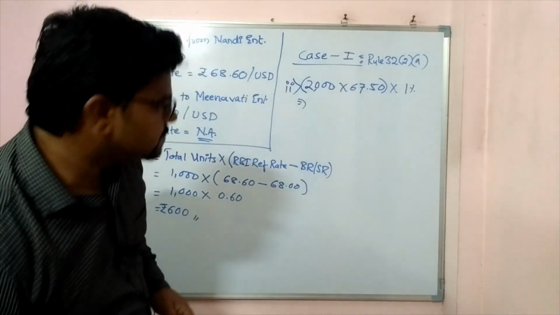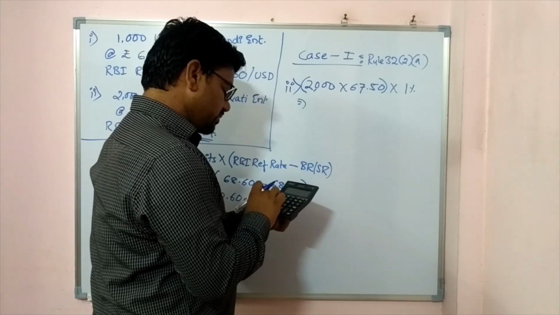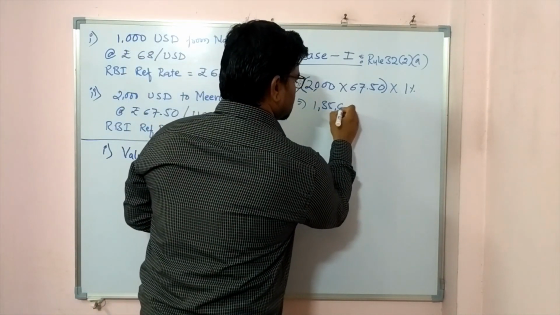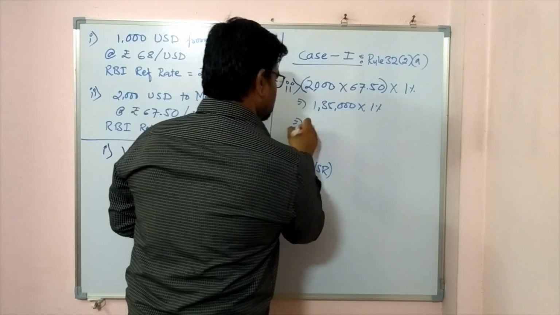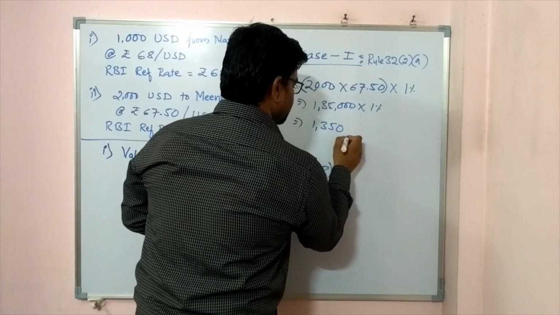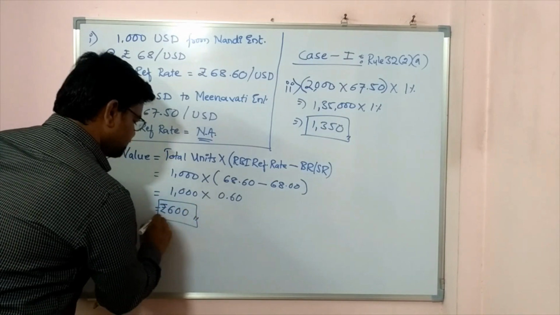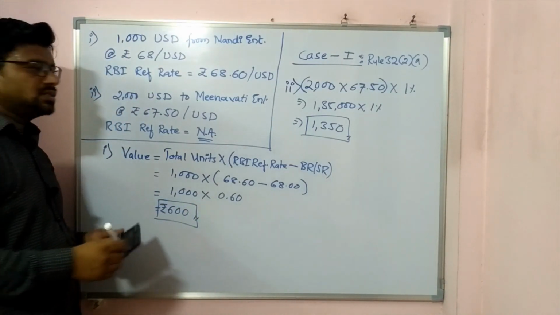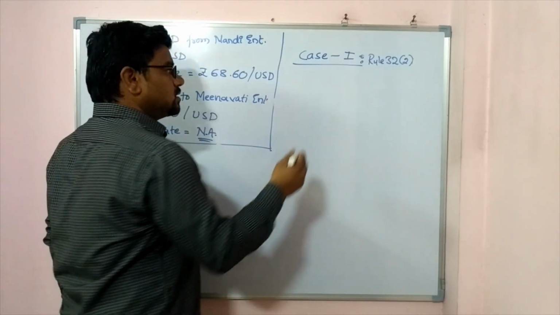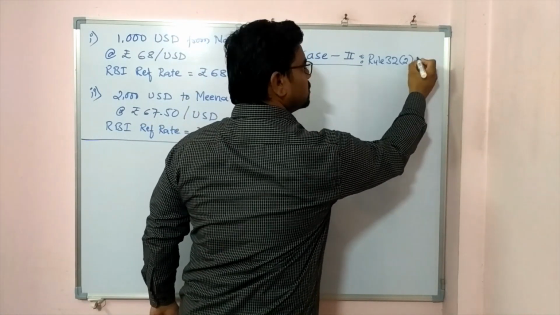I will use calculator. 2000 into 67.50, it is 1,35,000 into 1%. It will be 1,350. Fine, the answer is ready. This is our answer. This was as easy as that. This is as per case 1. Case 2, we are going to solve it now. Now we are going to solve the same question into case 2, rule 32 sub rule 2 part B.